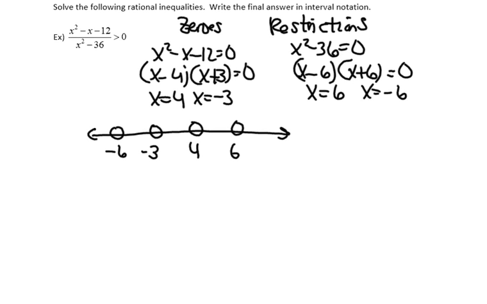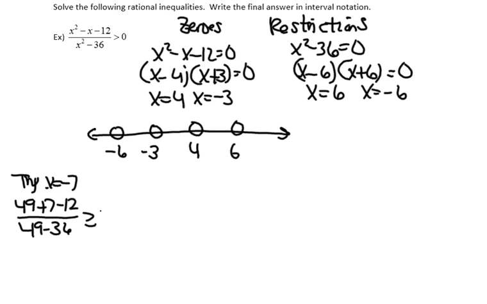Okay. So because I have 4 boundary values, that means I have 5 different regions I need to test for this. Okay. So the first region on the left, let's try -7. Okay, so plugging in. So that's what, 44 over 13. That is greater than or equal to 0. So I can shade this region. Okay, second region, let's try -5.